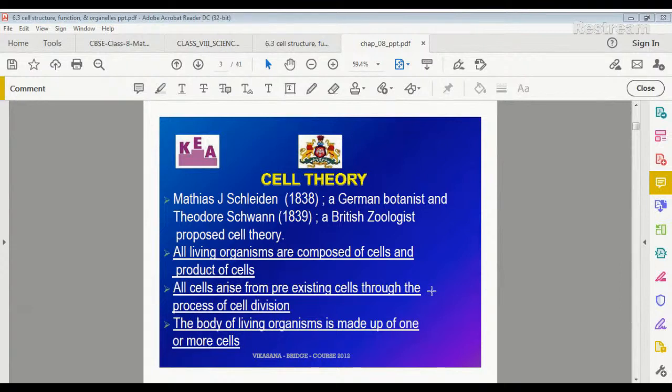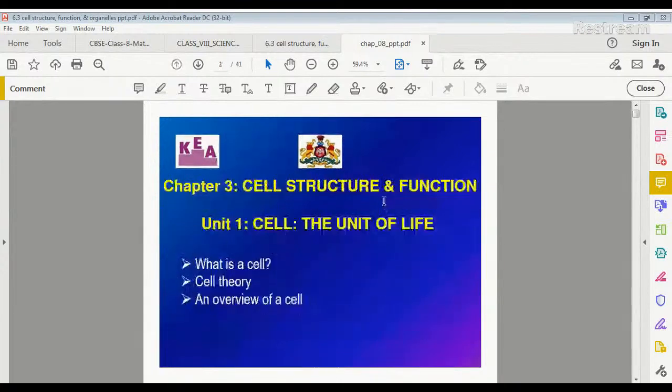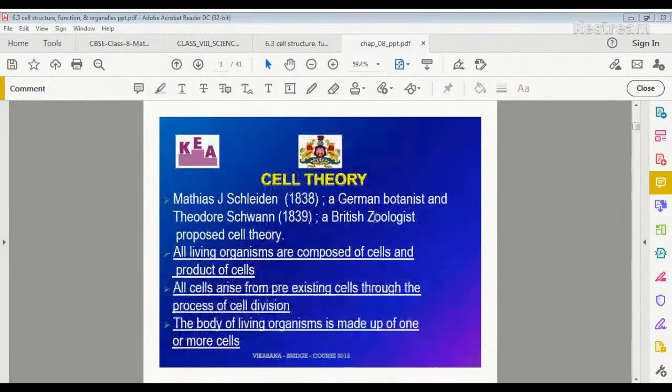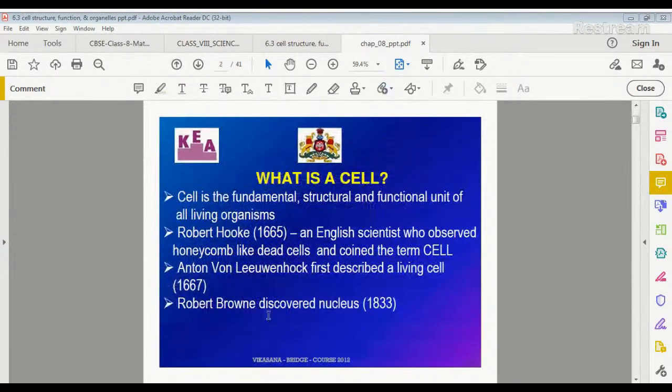Matthias Schleiden in 1838 proposed the cell theory.